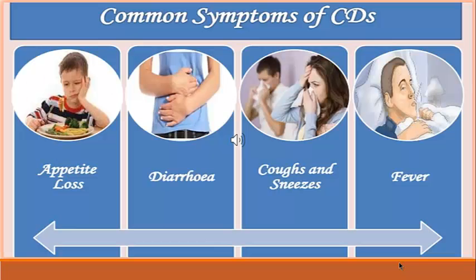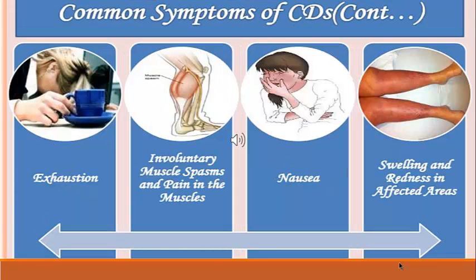Whenever you fall ill, what do you feel? Why do you feel uncomfortable? Every disease has certain signs and symptoms. The most common symptoms of the contagious diseases are appetite loss, meaning you don't like to eat, diarrhea, coughs and sneezes, fever, exhaustion, body aches, pain in body muscles, nausea and swelling in different parts of the body or in affected areas.